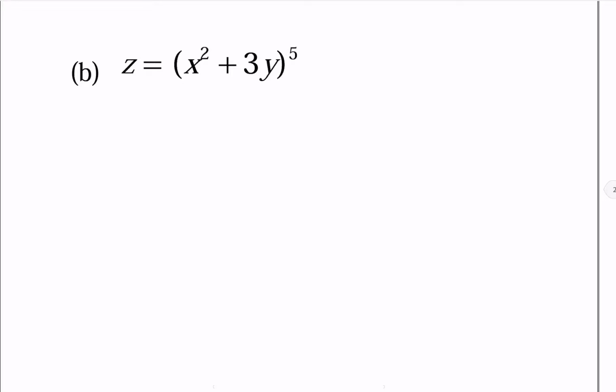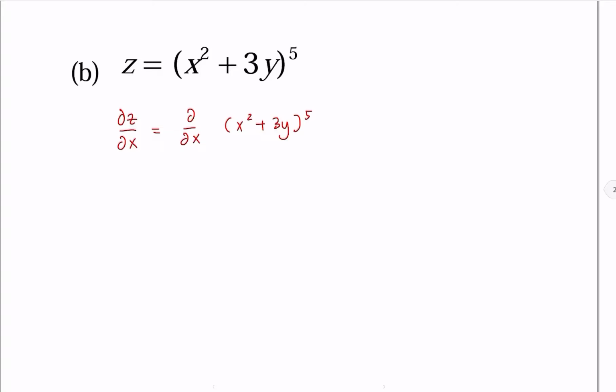Next one. Let's say we have z equal to x squared plus 3y, to the power of 5. This time we want to find del z del x, differentiating with respect to x.